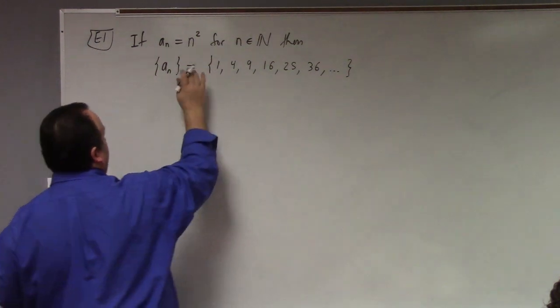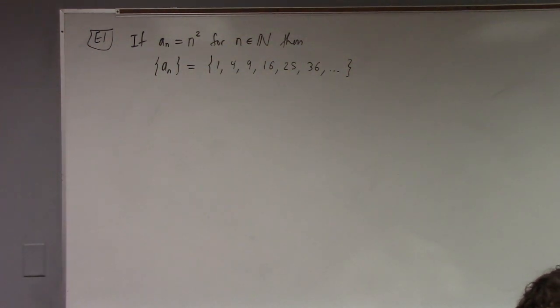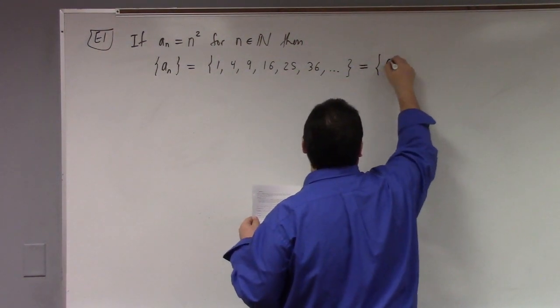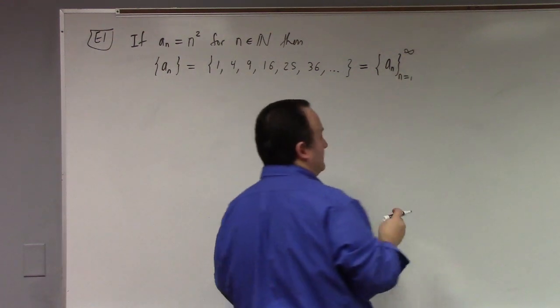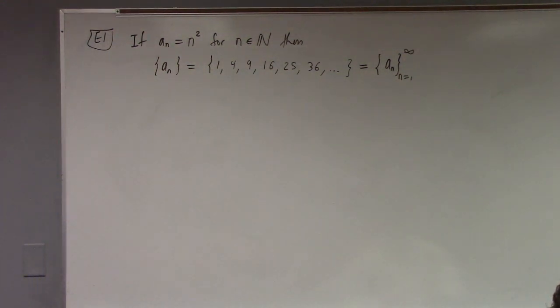And so sometimes if I'm being lazy and it doesn't matter too much, it's clear from the context where the sequence starts, I write it like that. But it leads to less trouble if I instead write this as a sub n, n equals 1 to infinity. So here I'm announcing the starting point and the fact that it's a sequence.